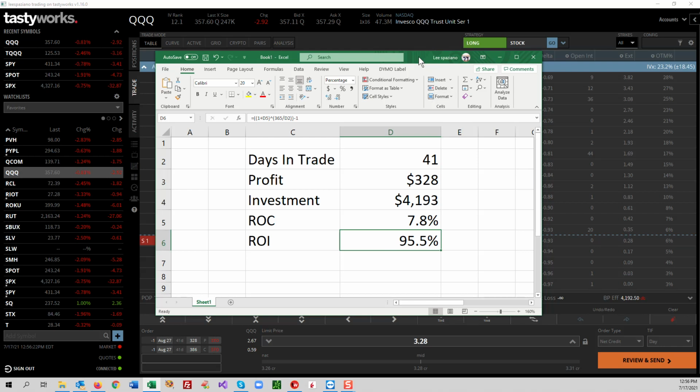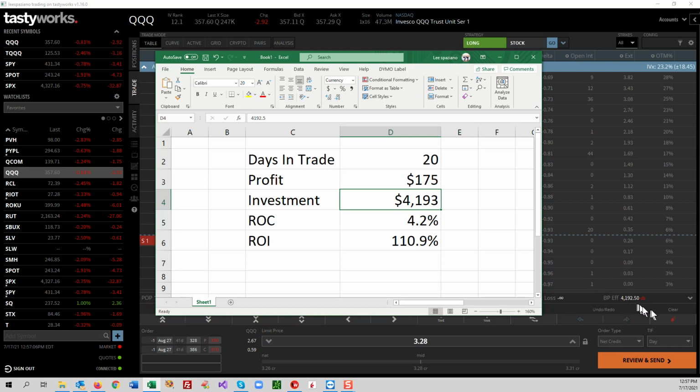But what if we did it just a little different? For instance, what if we decided that we were going to take this trade off, not at expiration, but at 21 days? So we would hold on to this trade for only 20 days out of 41 days. But now we can't expect to make our entire credit. We did receive a credit of $328, but if we're buying it back at 20 days, maybe we're going to buy it back for $128 or $150, and maybe we only made a profit of $175, just for example.